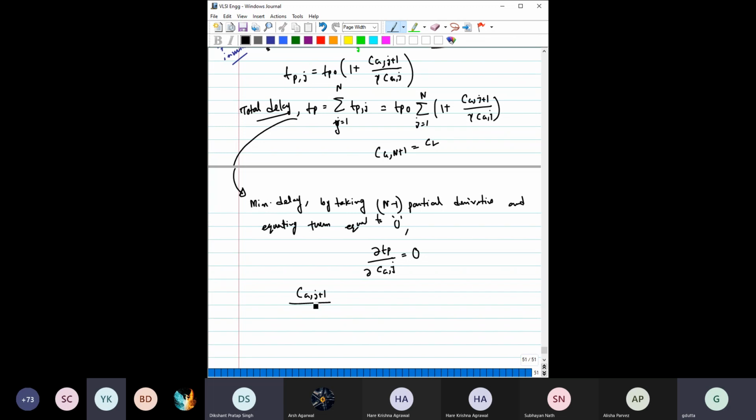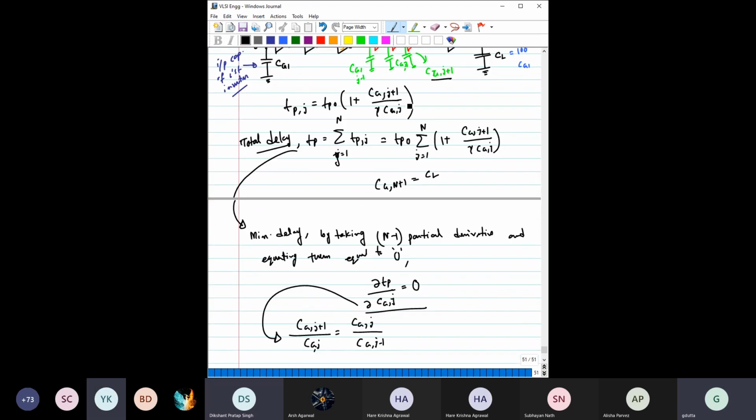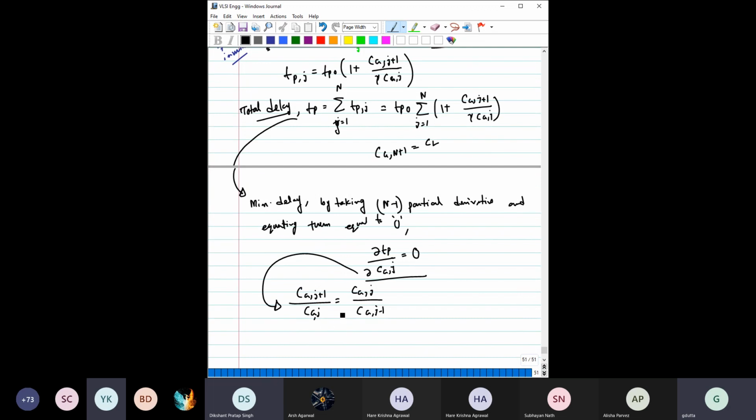So here, if you do that thing, I think it is quite clear. Please check it. I'm writing it. Is it clear to you? So if you do this delta Tp by delta this equal to 0, for any stage, say for this jth stage, then you should be able to get this expression, because you can see the other terms would become 0 when you are taking the derivative.